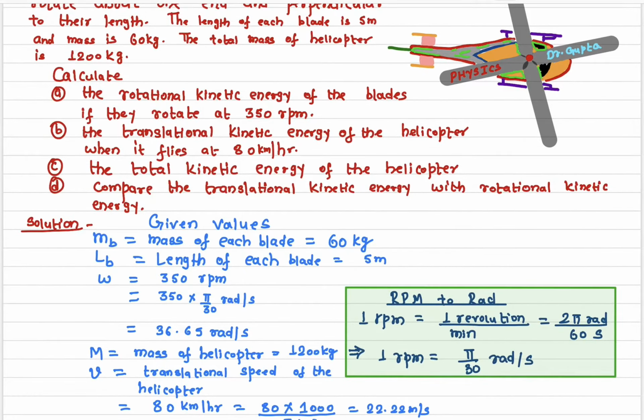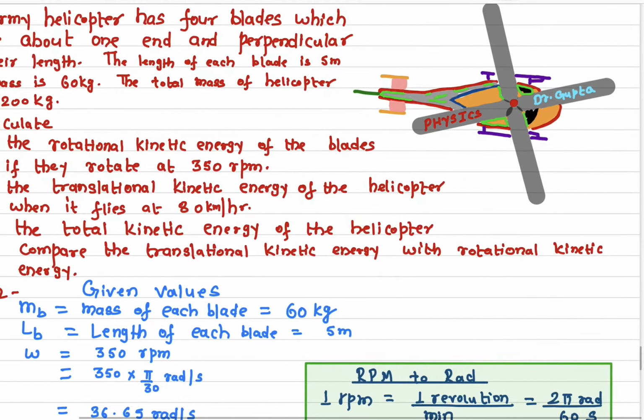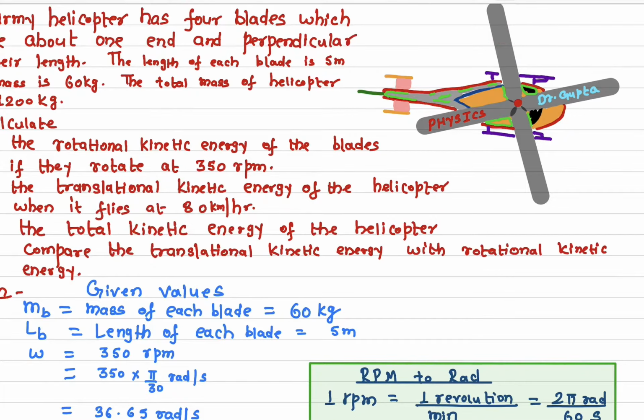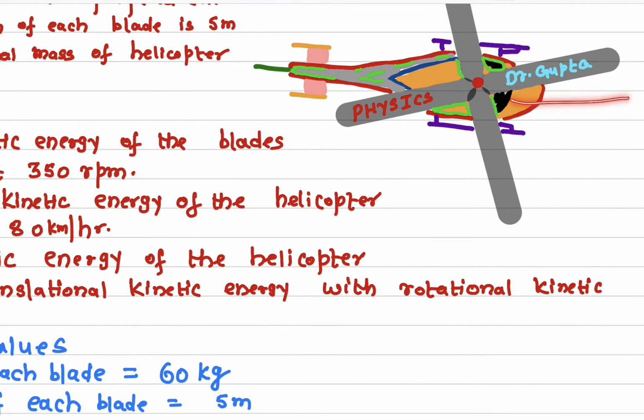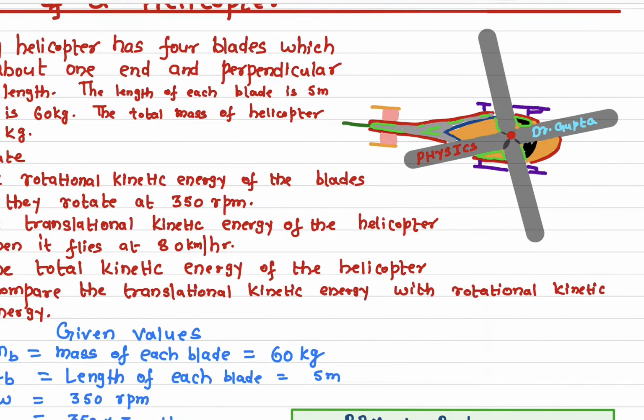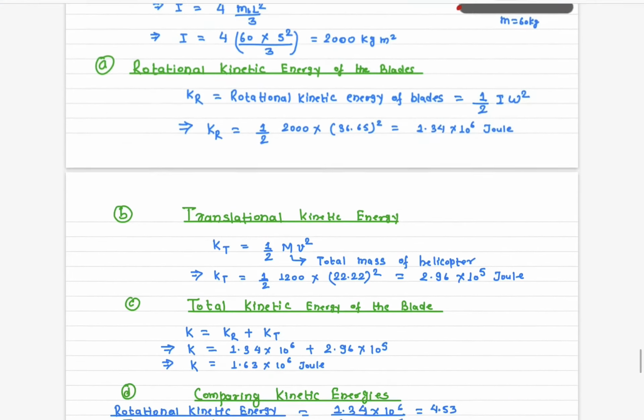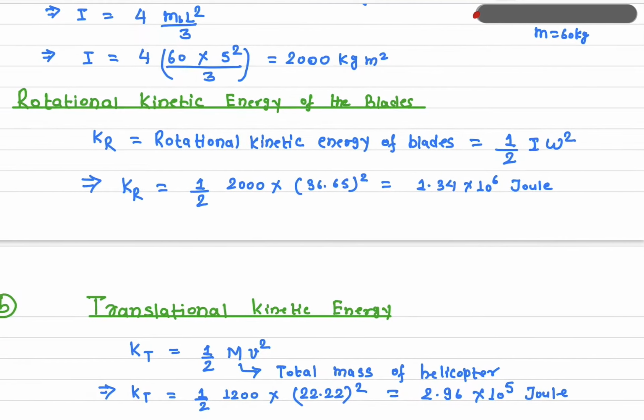The answer is that only the blades are rotating. The body is just moving in one direction, or it has only linear motion. The only rotational motion belongs to the blades. So when we calculated the rotational kinetic energy, we only took the moment of inertia of the blades into account, because only the blades are rotating.